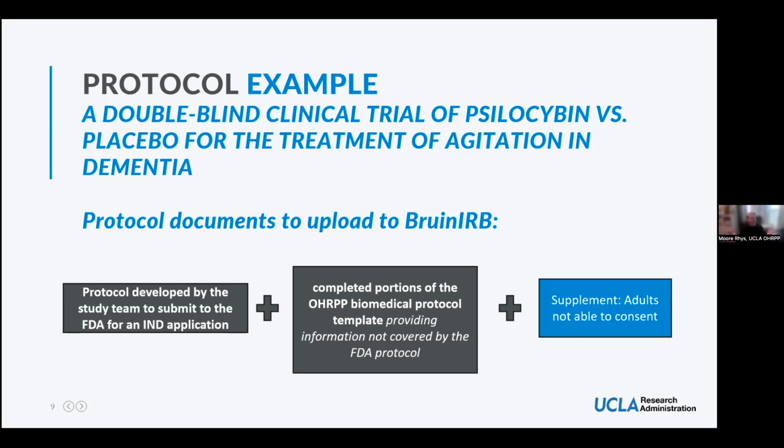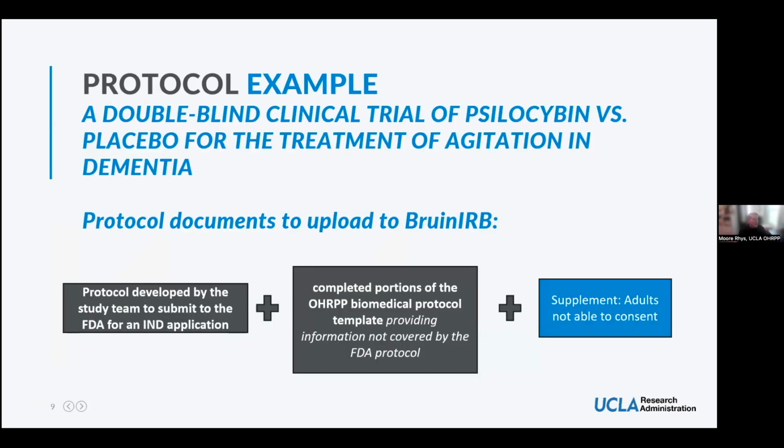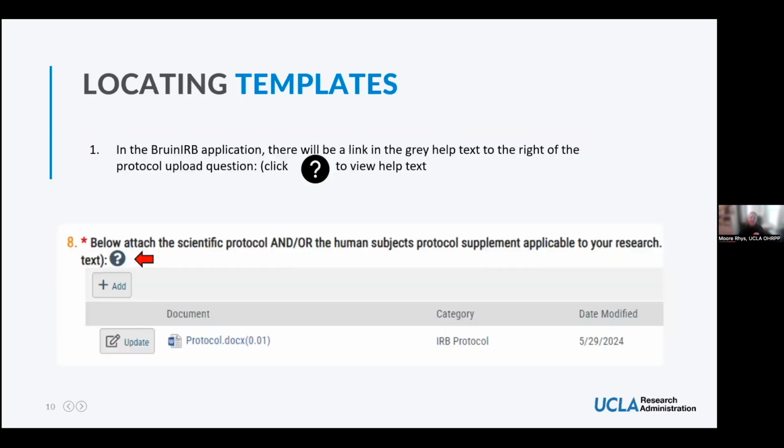And in addition to that, there would probably be the adults not able to consent supplement that you would need to fill out for this particular protocol, special population. Any questions about the organization of the protocol templates and how that's going to work? Okay, and we'll keep going.